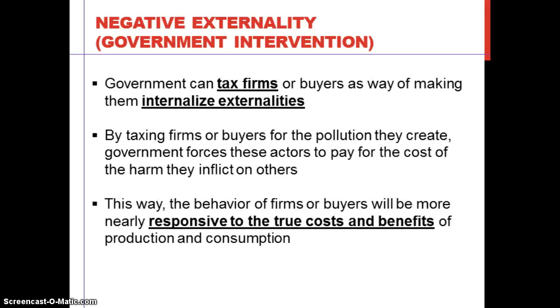A typical government intervention of making farmers or buyers internalize externality is taxation. By taxing them for the pollution they create, government forces these actors to pay for the cost of pollution.